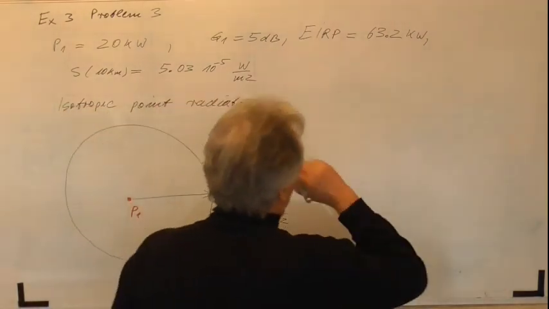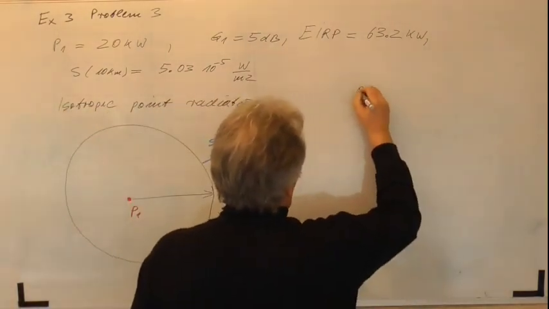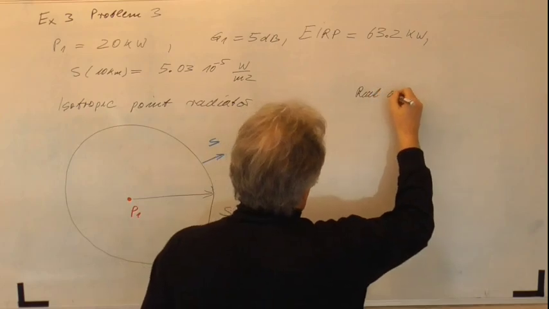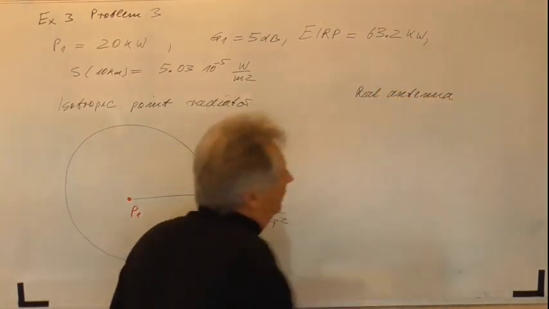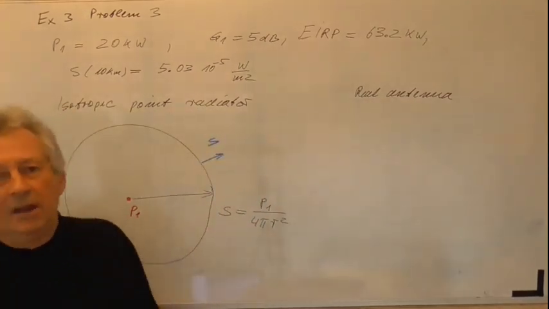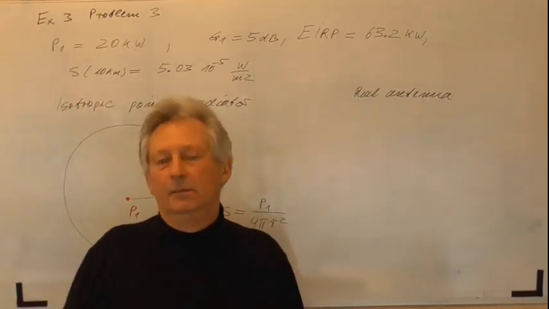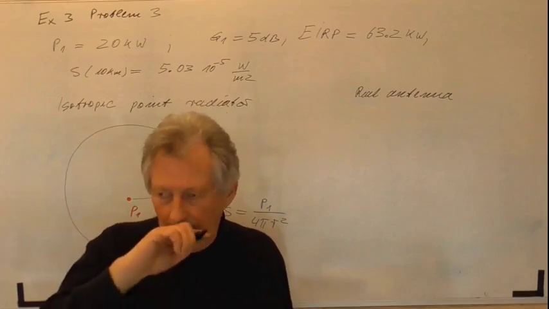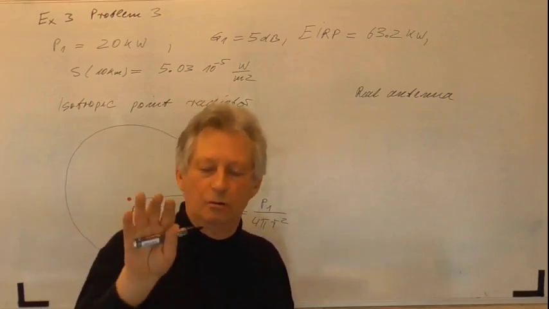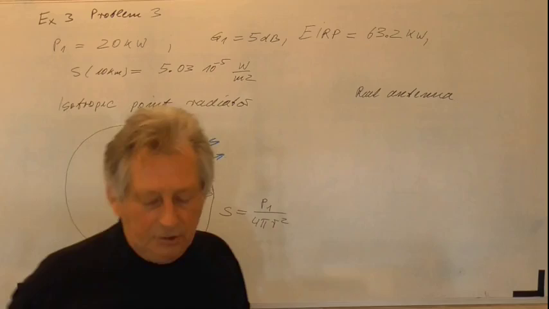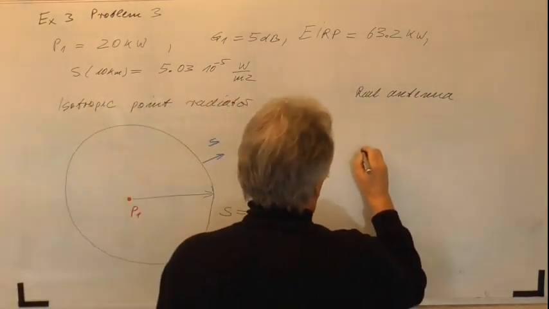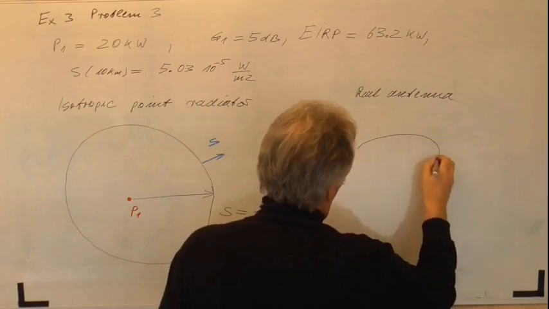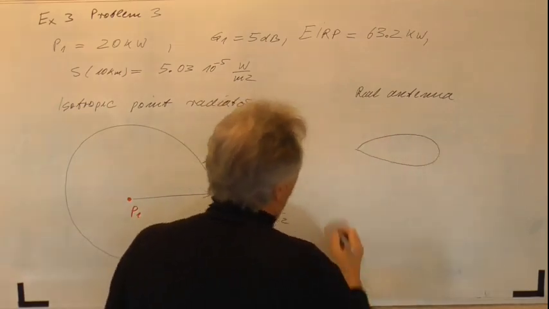Now if we have a real antenna, real antennas are always used to focus the power in a certain direction. And this behavior is described by the gain of the antenna.